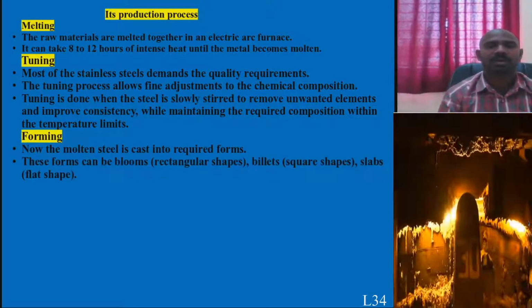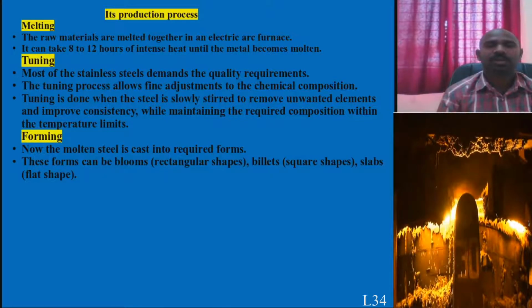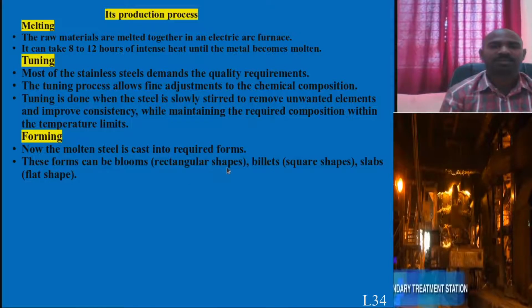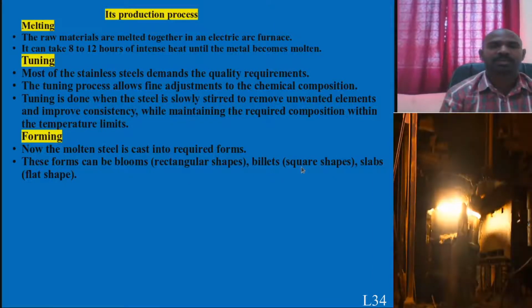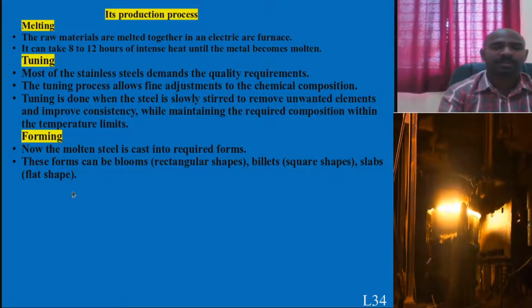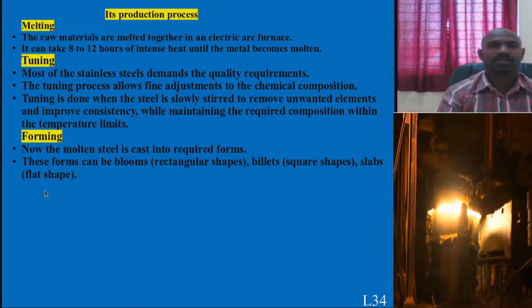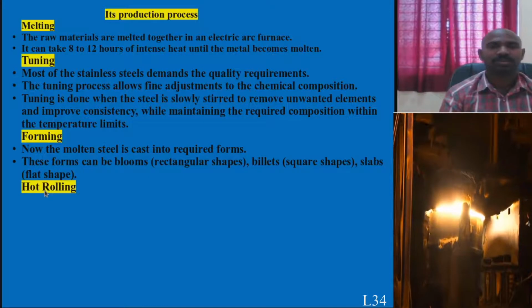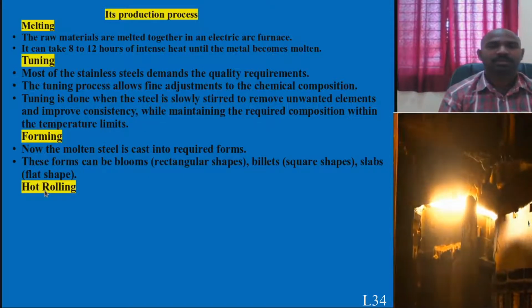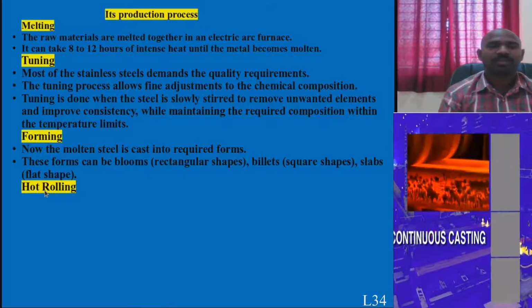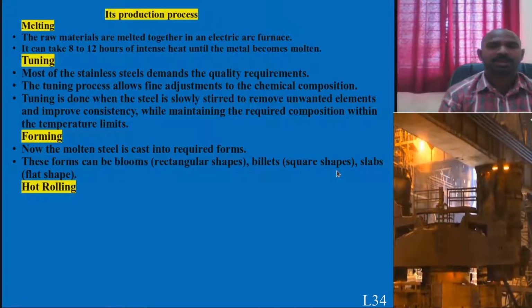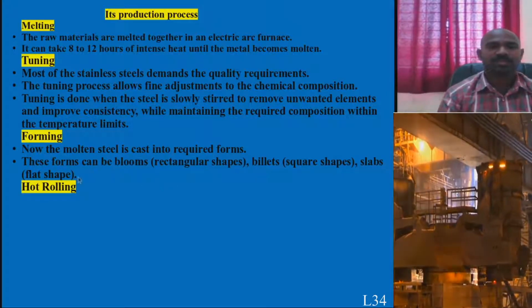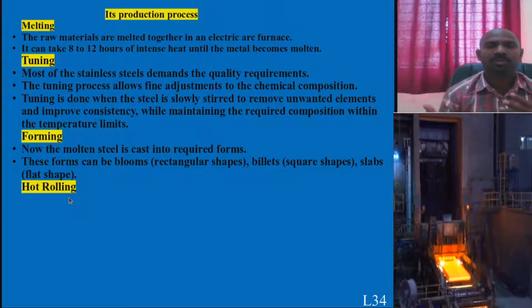Those forms could be bloom form, whose cross section is rectangular, billet form, whose cross section is square, and slabs, which are flat shapes, produced by continuous casting methods. After continuous casting, which gives a semi-finished form, it is taken for final shaping into the hot rolling process.